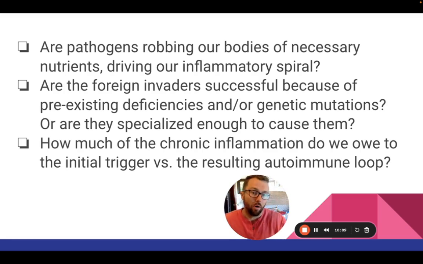And then for these invaders, are they successful in shutting down our beta cells because of pre-existing deficiencies that allow them to live? Or are they specialized enough to cause it? So think about houses being broken into. If our body is the house and it's not well taken care of, it's really easy.